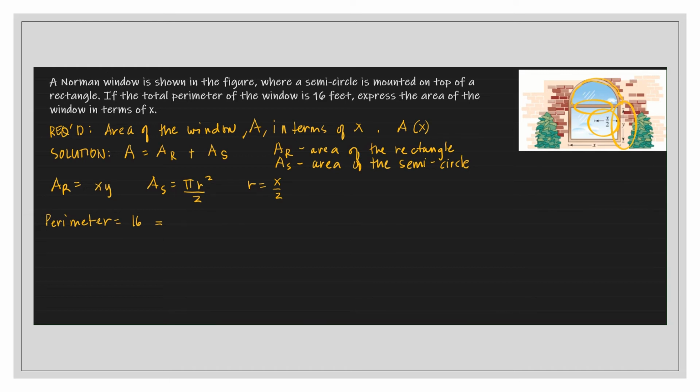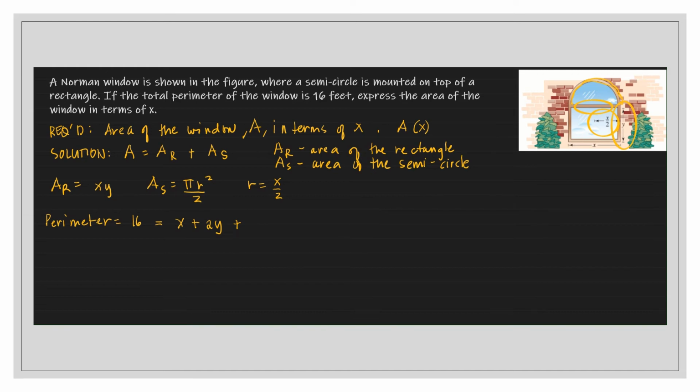So the perimeter will then be equal to x for the base of the rectangle, and then the two sides of the rectangle would be y plus y, or simply 2y, and then the perimeter of the semicircle is 2 pi r over 2.